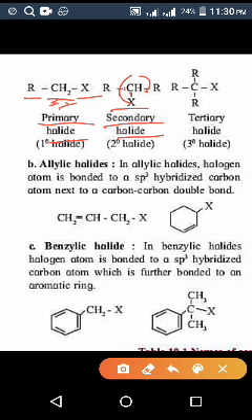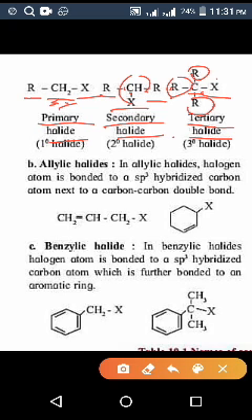Because it is bonded to two other carbons. Therefore it is secondary carbon and the halide is known as secondary halide. Third, tertiary halide, because this halogen is bonded to a tertiary carbon, because this carbon is bonded to three other carbon atoms. See, these are the three other carbon atoms to which this carbon is bonded, and therefore it is known as tertiary halide.